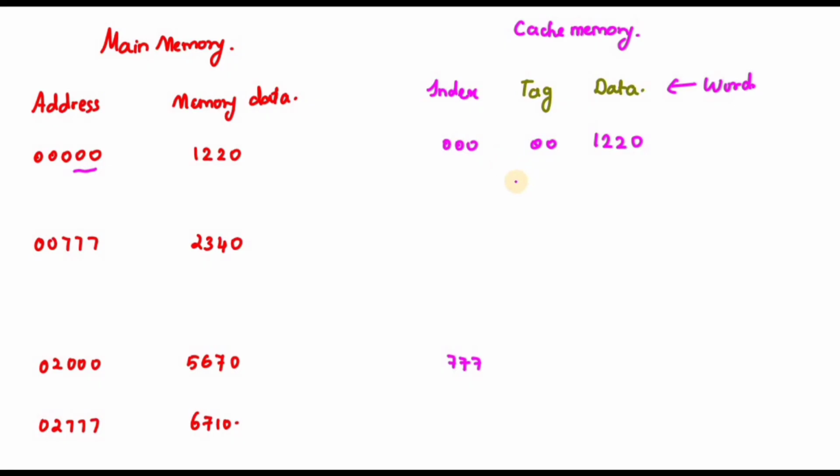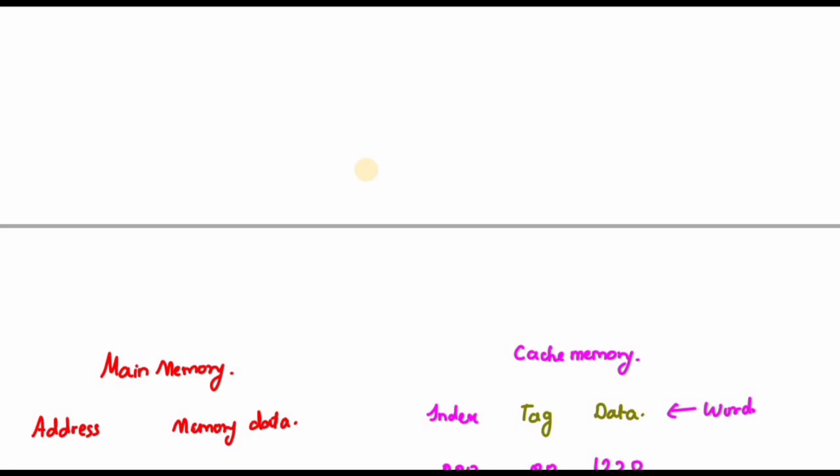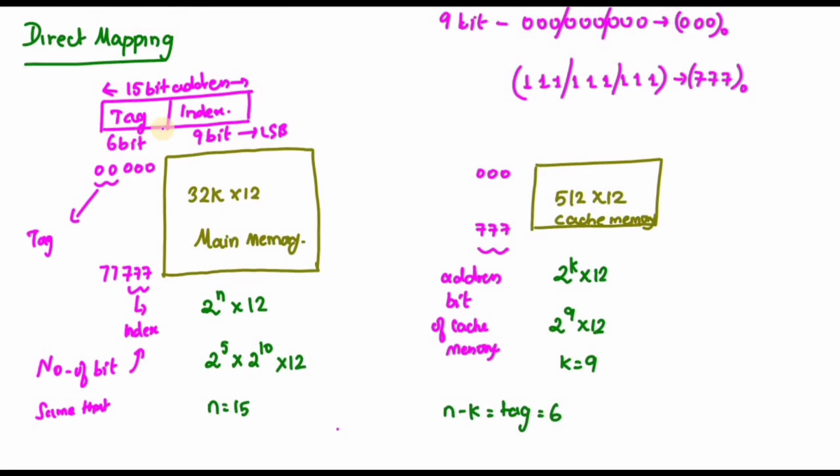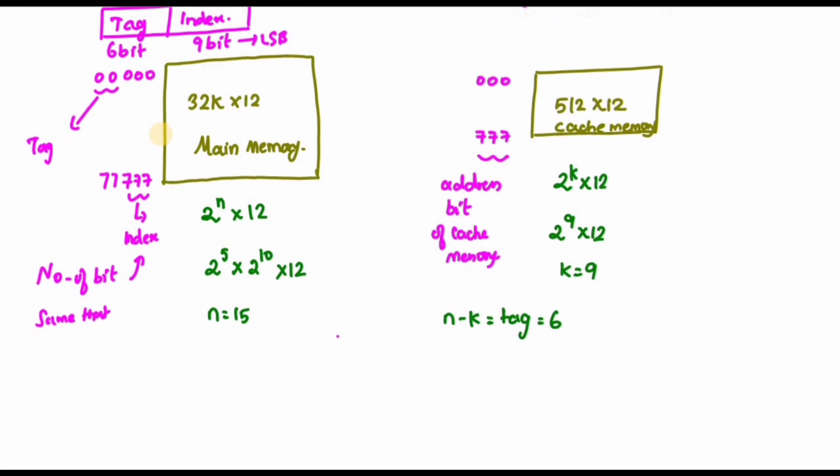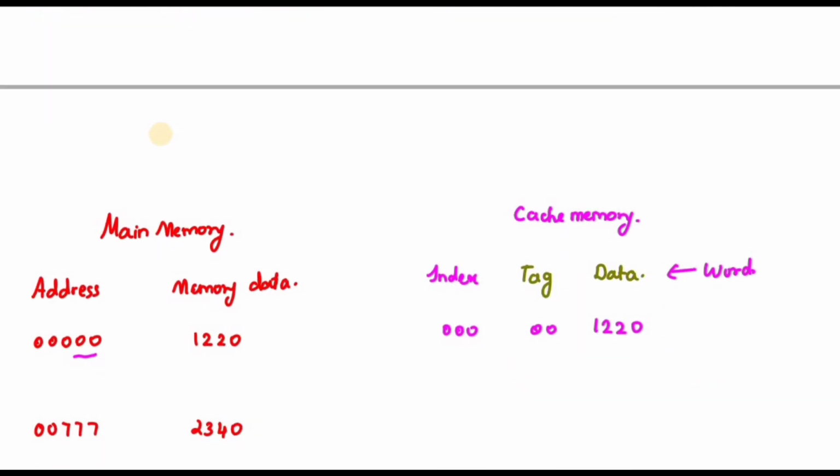Whenever the CPU generates a memory request, it sends a 15-bit address. For example, take this address.